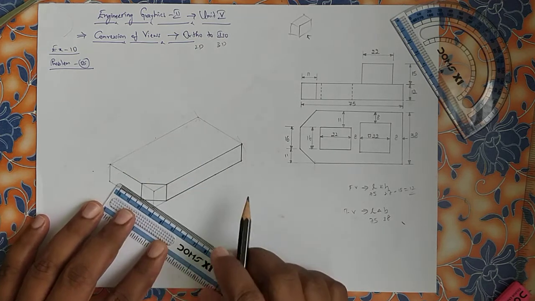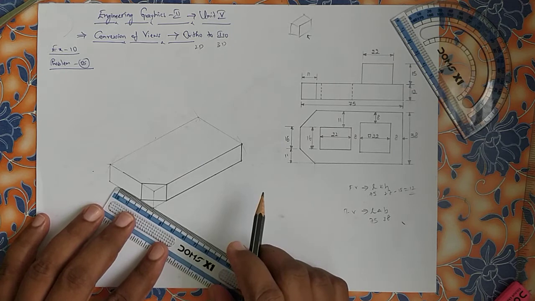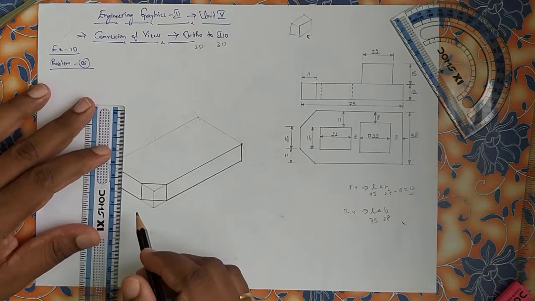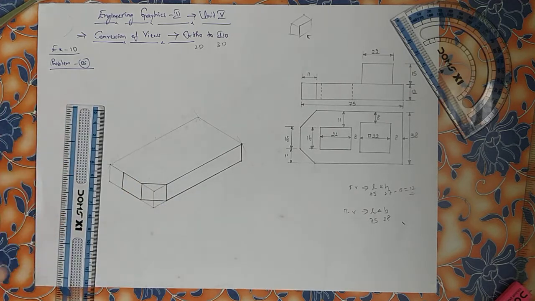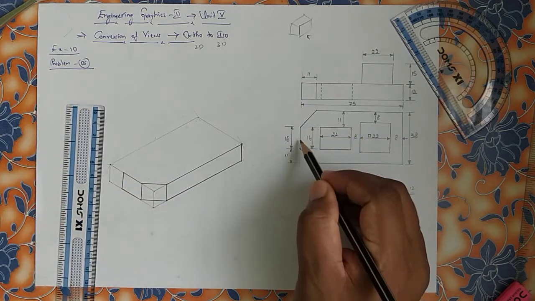From here 16, from here 16. Now these 2 points into end point, done. I have drawn this one thick.